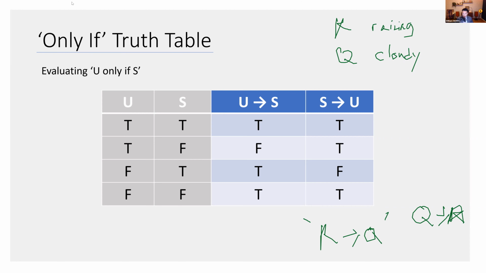I'll have to sort that out at some point. So again, I hope you can see that R entails Q doesn't entail Q entails R. Of course, just because it's cloudy doesn't mean it's raining, right? We can have a cloudy day without raining.